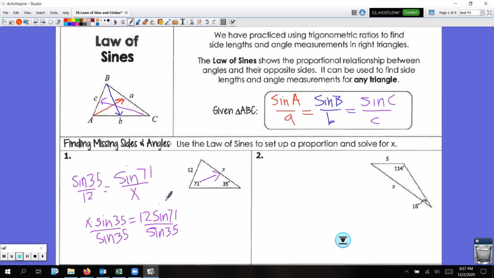Okay, so this is what we put in our calculator. We're going to type in 12 times sine 71. Be very careful that you close the parenthesis, because once you press the trig function, it opens a parenthesis. You want to close it. Then you hit divide by sine 35. Enter. And we're going to round to the nearest tenth. Okay, so this is going to be 19.8. X equals 19.8 here.